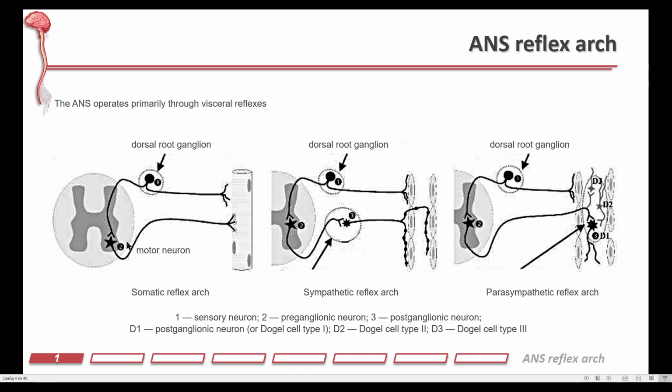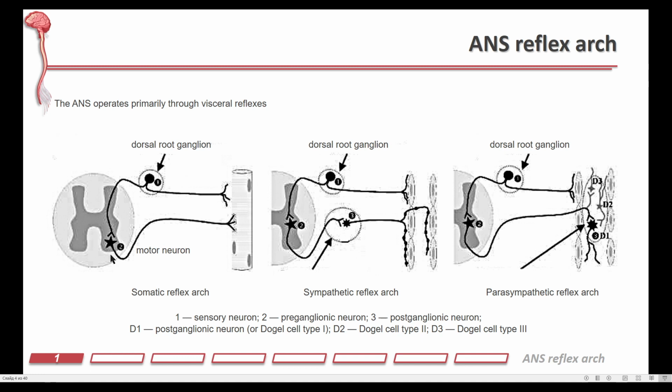In the anterior horns, you have the second neuron, which is the motor neuron, then goes the efferent fiber and effector organ. So these are the main components of the somatic reflex arc. Here you have two neurons, and this is the example of monosynaptic reflex arc.